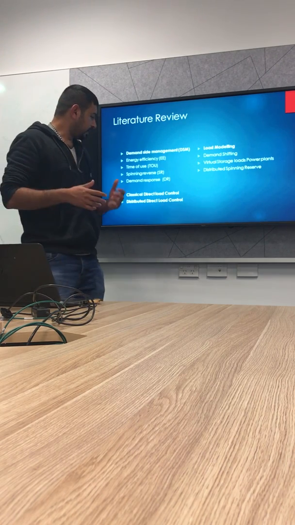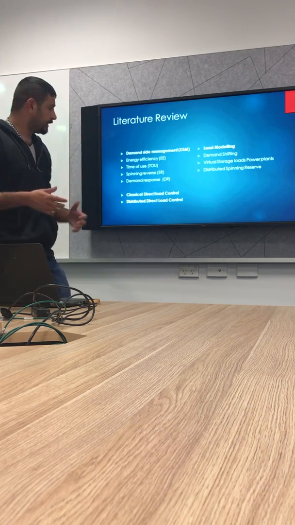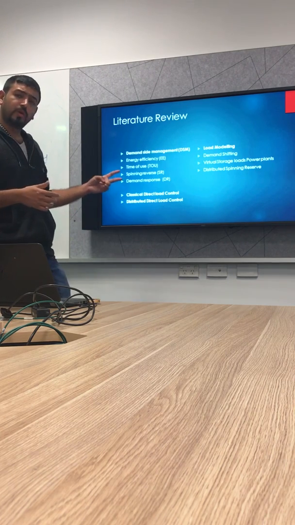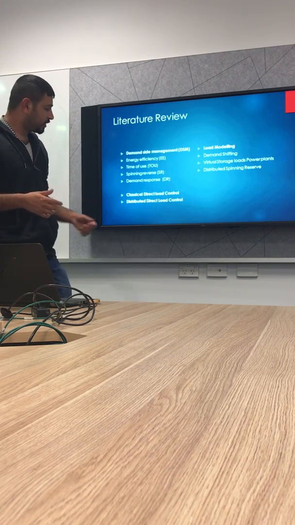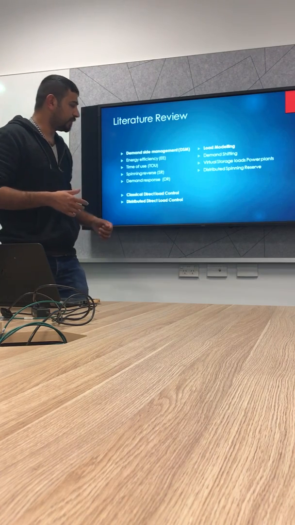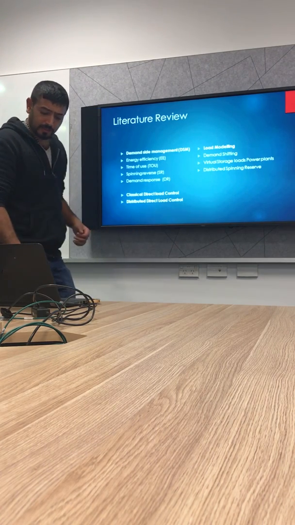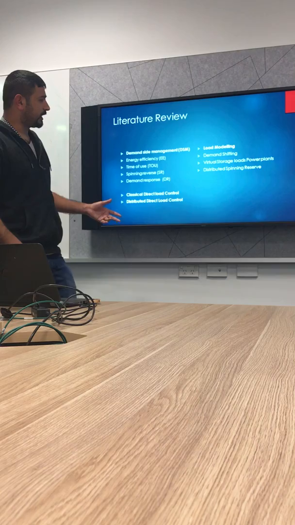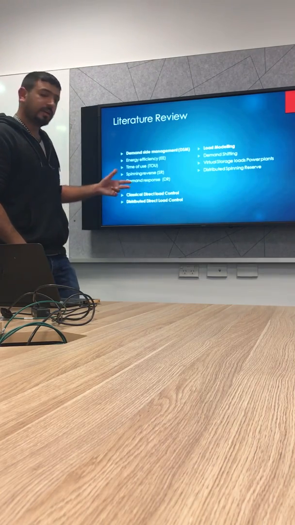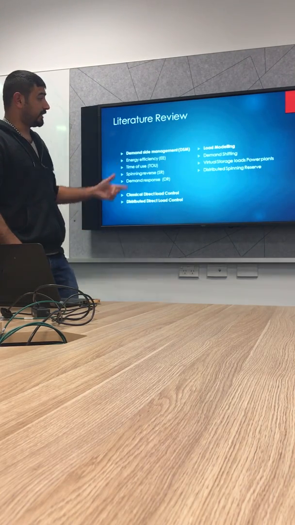Direct load control is divided into two categories: classical direct load control and distributed direct load control. Further in our research design, we will discuss these strategies and how they can be effective for our design.